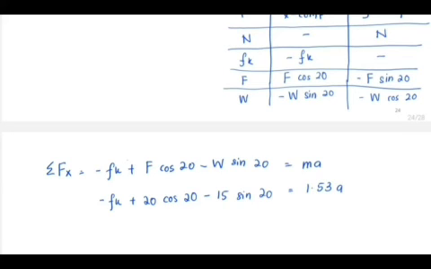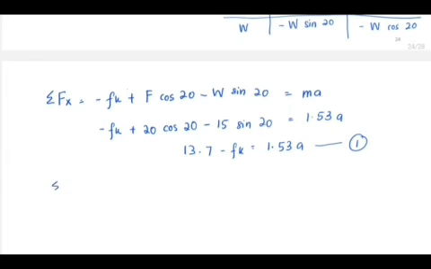Therefore, we will get 13.7 minus Fk equal to 1.53A. And this is as equation number 1. Now we will do for resultant force at y component. N minus F sin 20 minus W cos 20, and it is equal to 0.